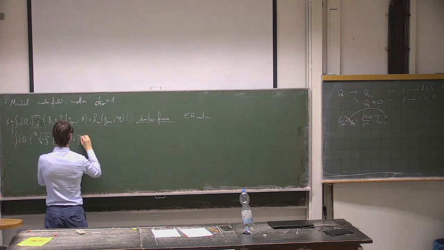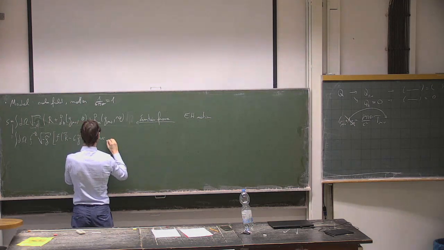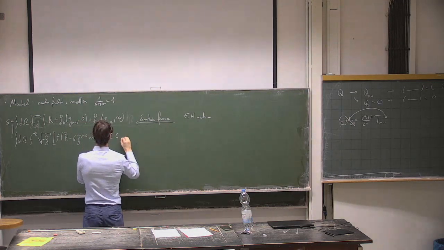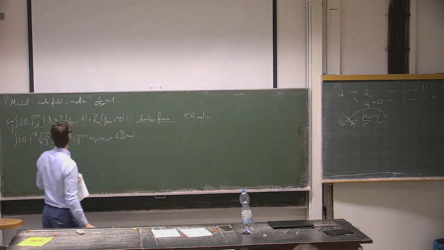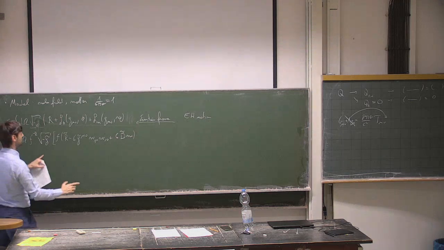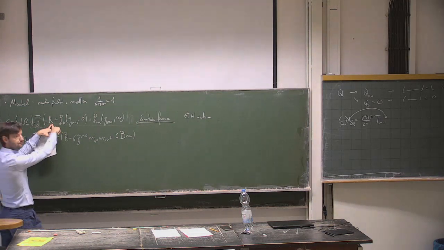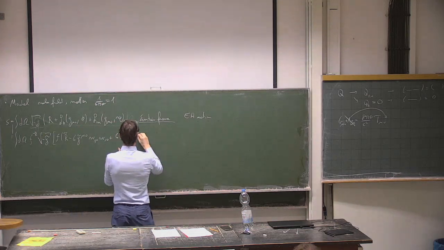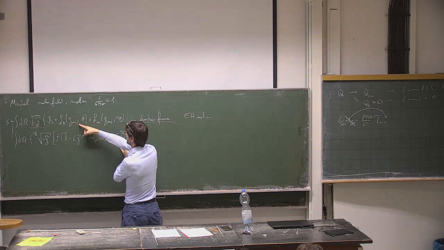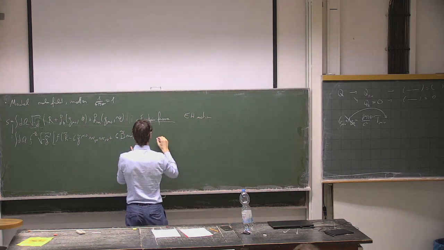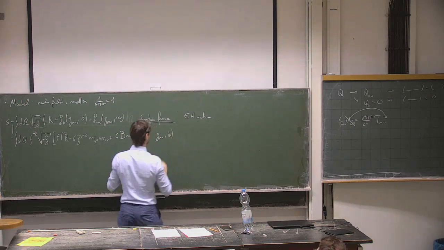G tilde mu nu, W comma mu, W comma nu, plus 6, box conformally transform of W. Again, I haven't done anything. This guy is exactly that. Plus, I'm going to use my Lagrangian, which had G mu nu and phi.